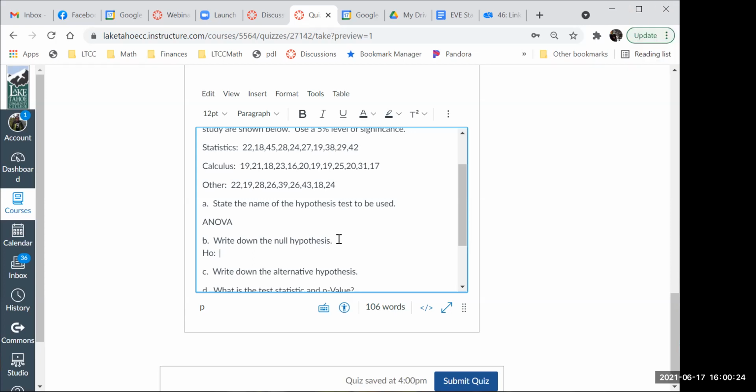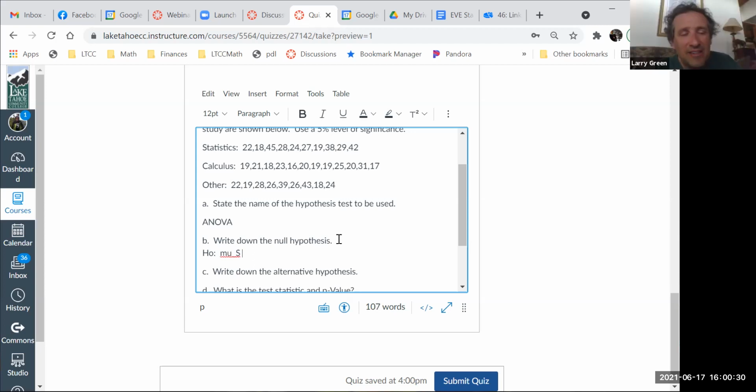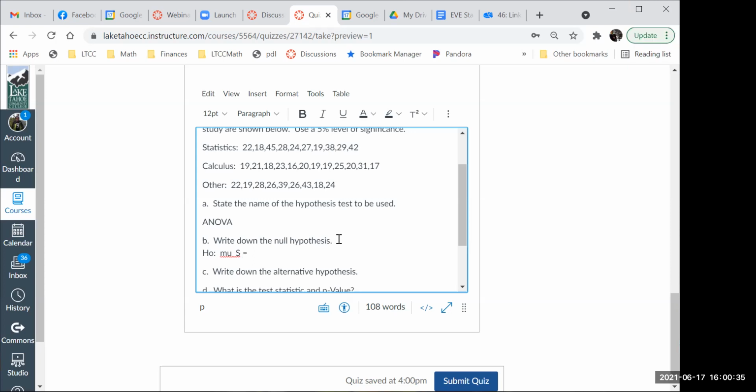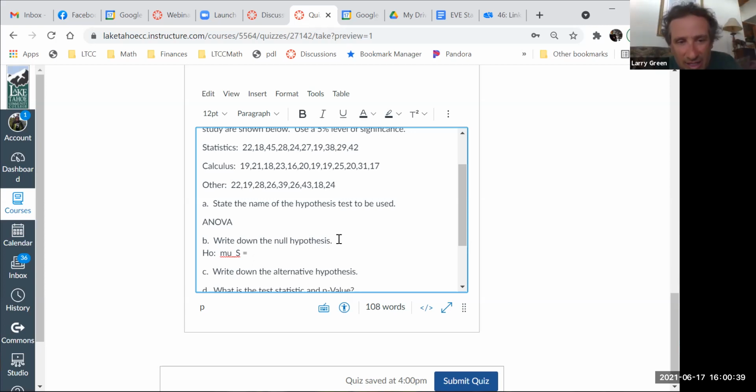Mu sub 1 equals mu sub 2 equals mu sub 3. Yeah, I like to use the letters of what they are because it speaks better, but I wouldn't take off points if you wrote 1, 2, and 3. So mu sub S for stats equals mu sub C for calculus equals mu sub O for other. Any questions on this?